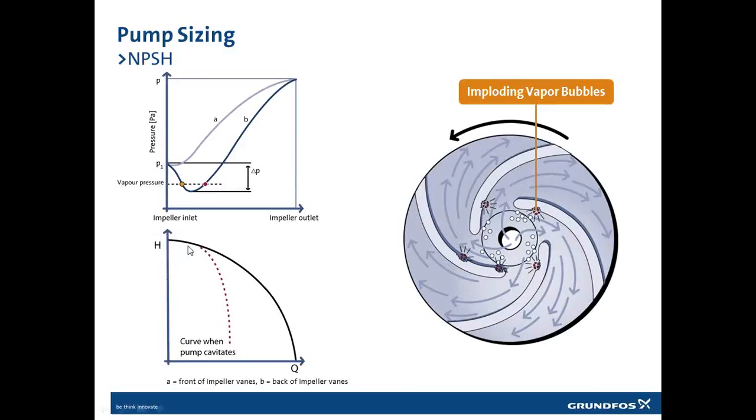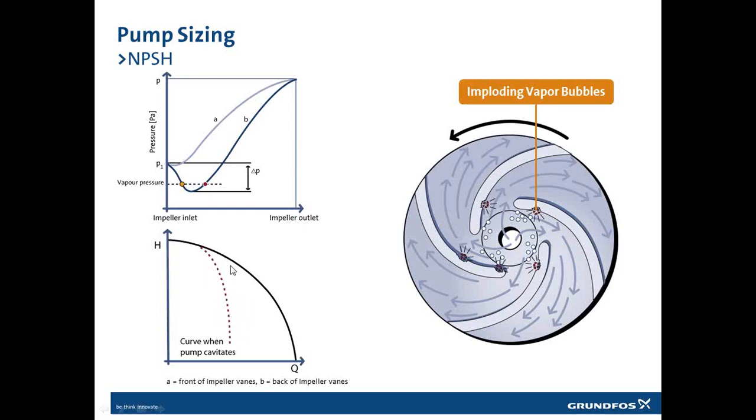When a pump cavitates, I do not lie on my pump curve. I will maybe have a pump curve here, but the reason for drawing it dotted is that we don't know where we are.